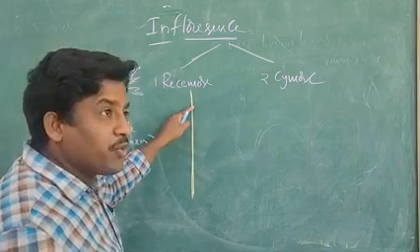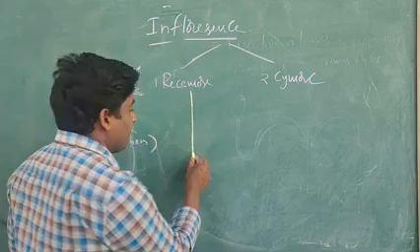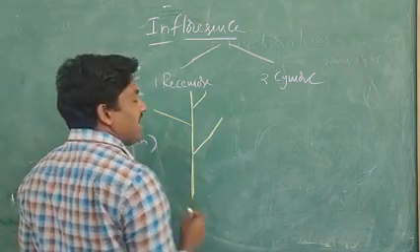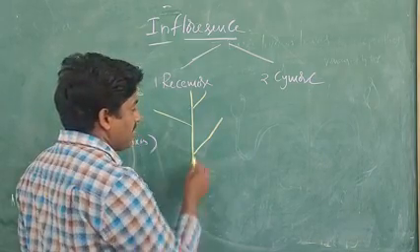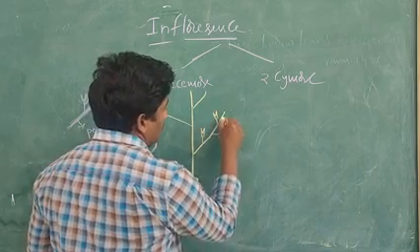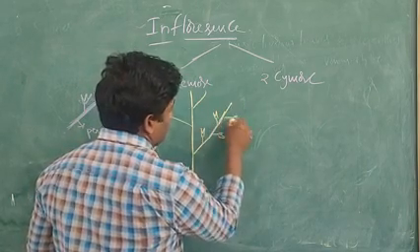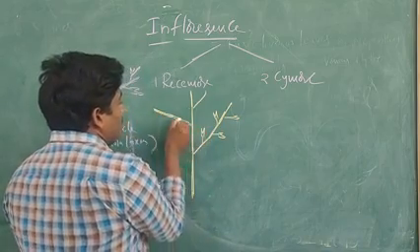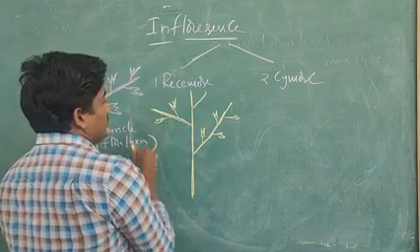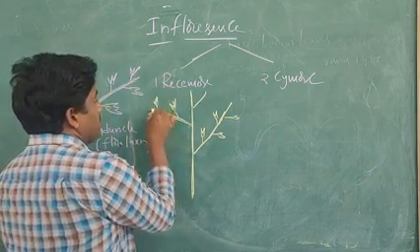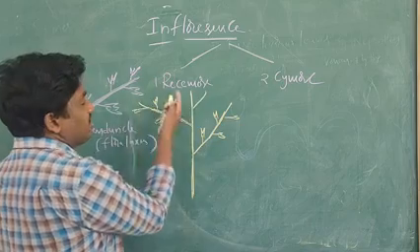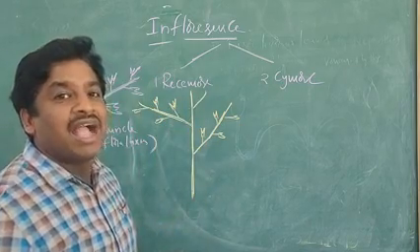The flowers are produced laterally in an acropetal manner. Acropetal manner means flowers are produced continuously. See, this is the flower branch, so here a flower is produced, again here a flower is produced. The plant continuously grows and flowers are continuously produced. That's how we call it acropetal manner.